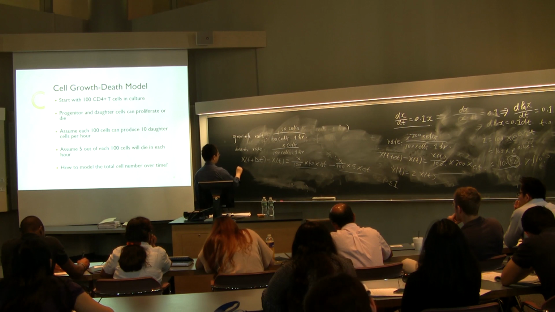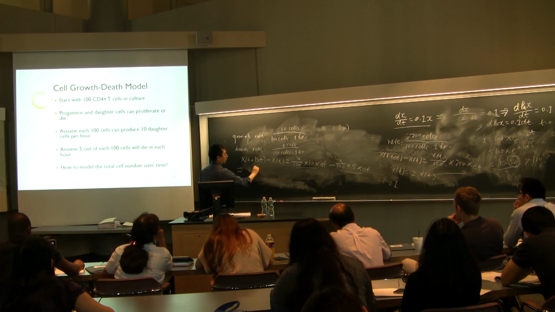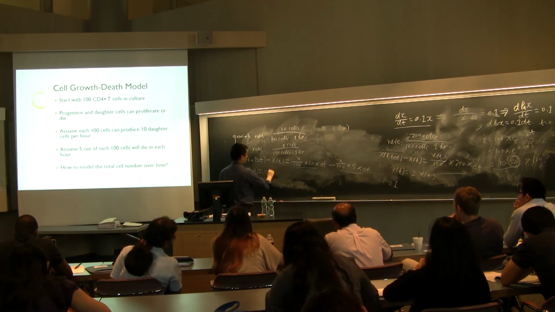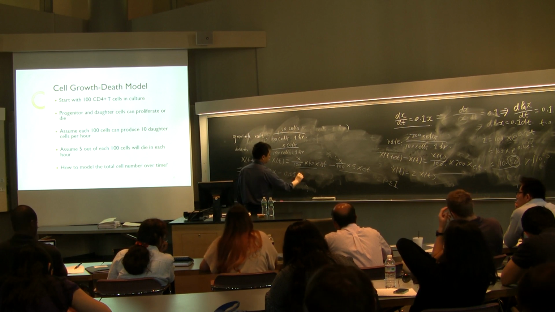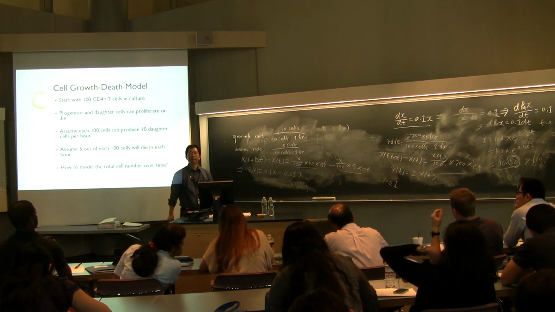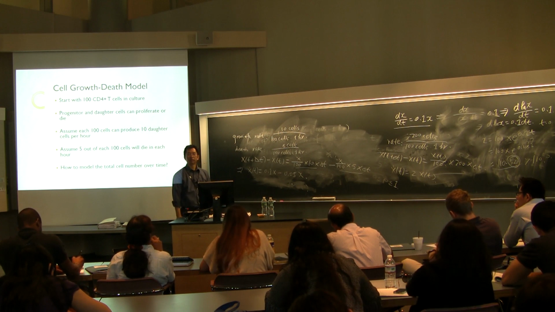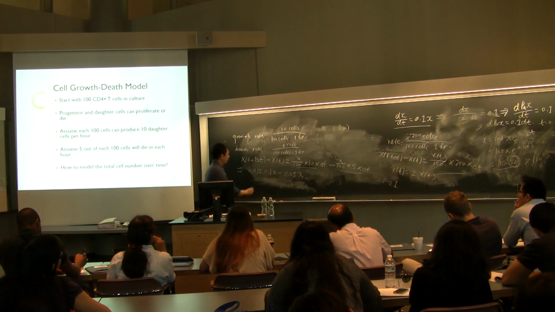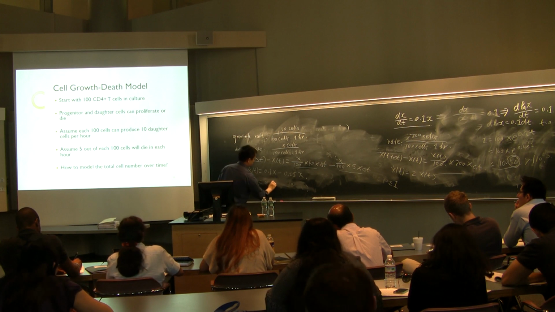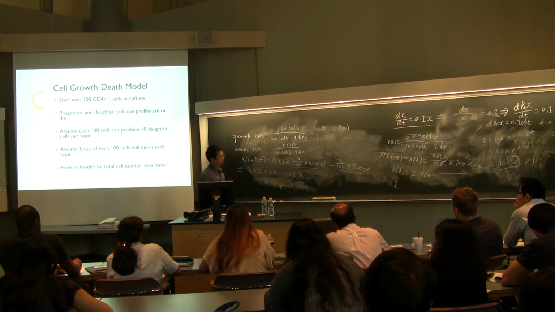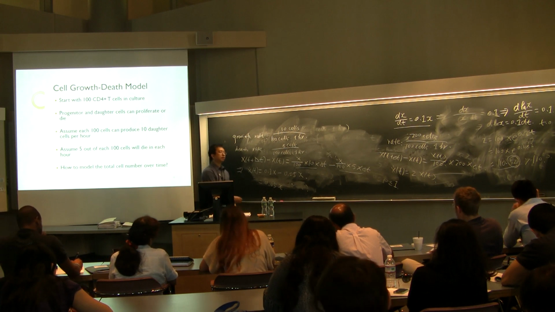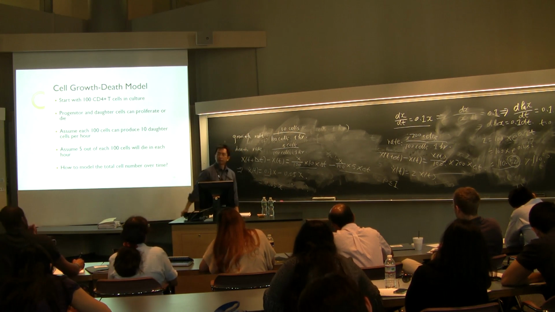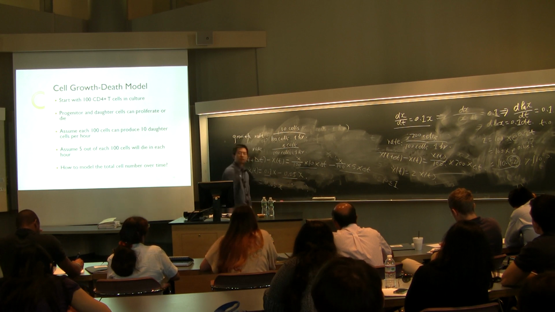After that, you will get 0.1 x minus 0.05 x. This is called the growth rate, and this is called the death rate.